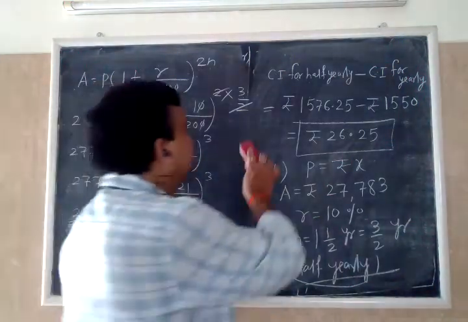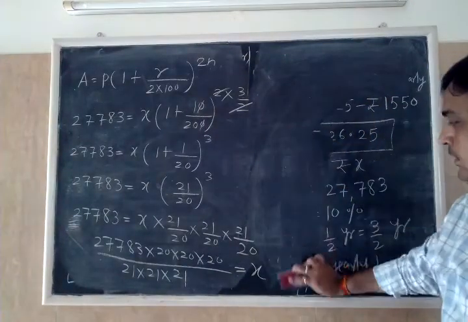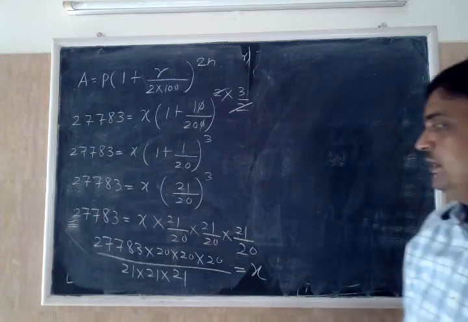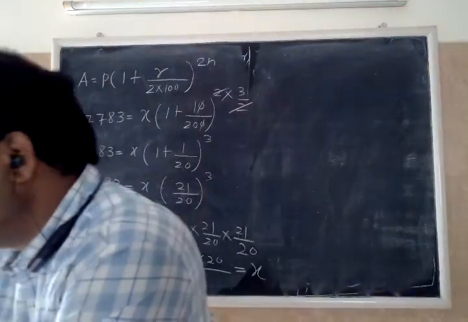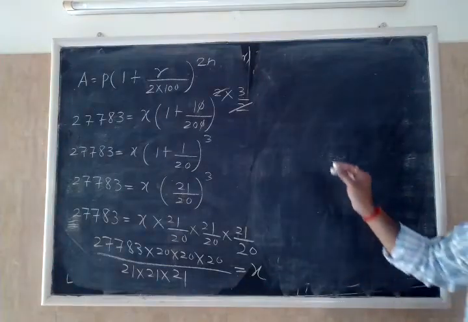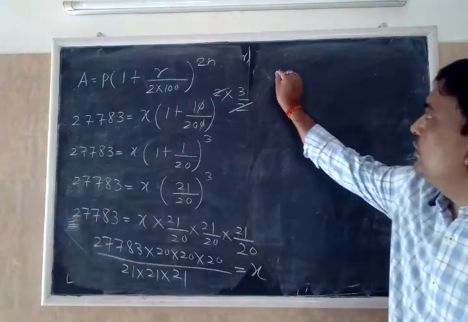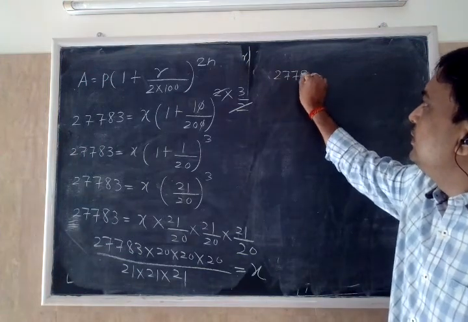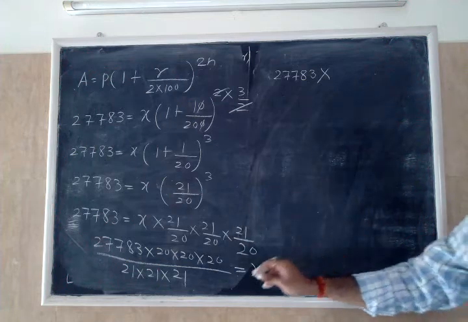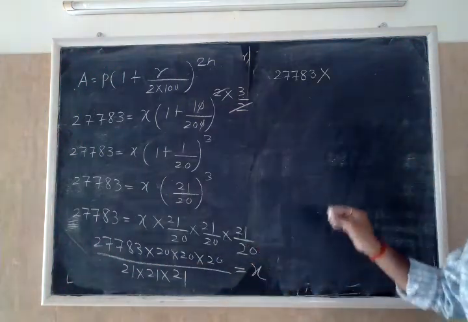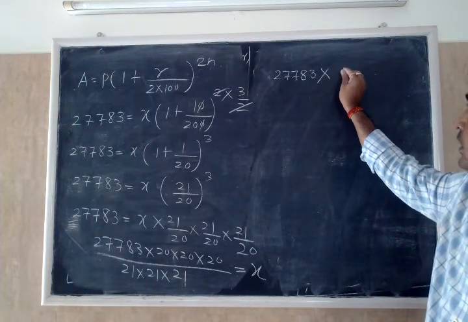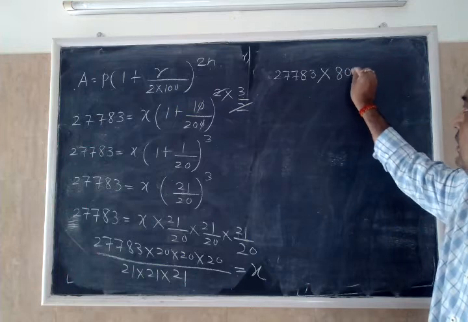Simplify. 20 into 20 into 20, how much is that? 400, then 8,000.